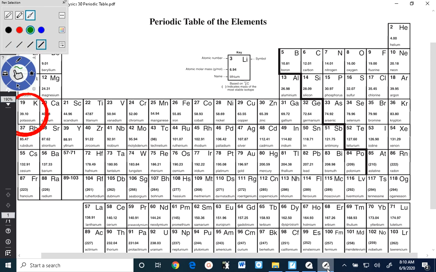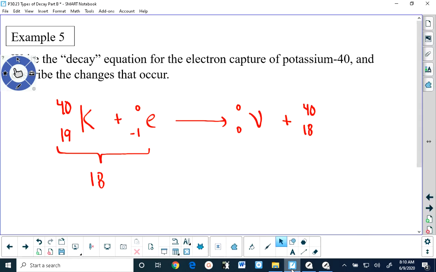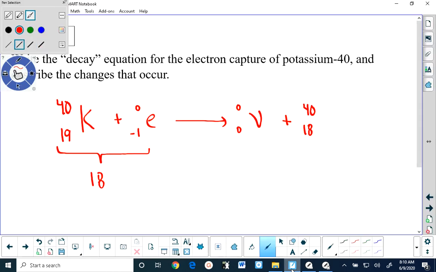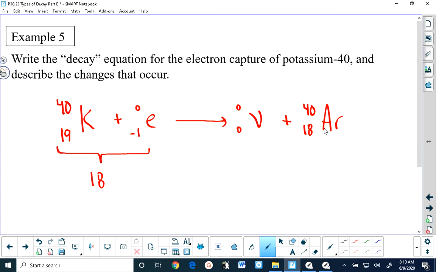Atomic number 18 is argon. It's on the other side of the periodic table. So this is the equation showing what happens when potassium-40 captures an electron, or undergoes electron capture.